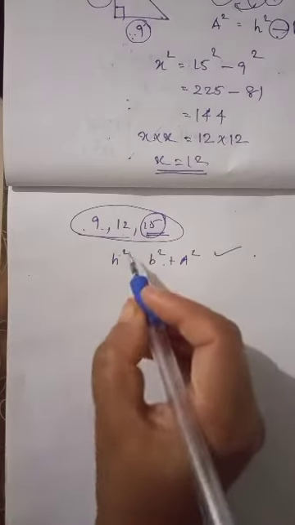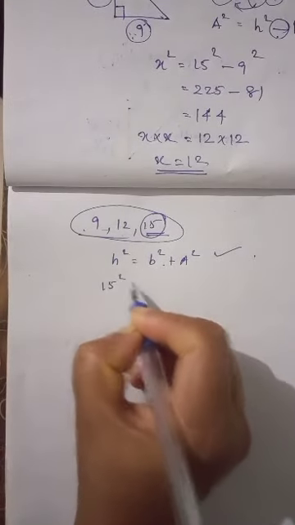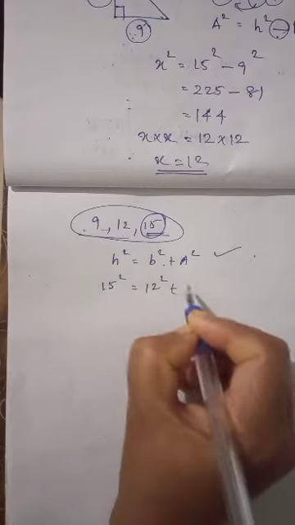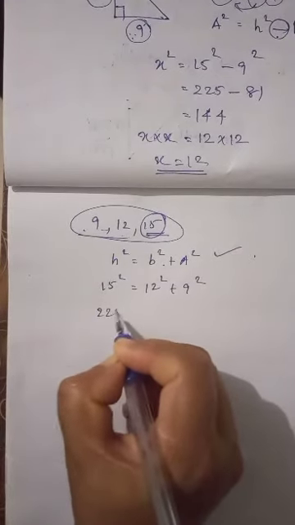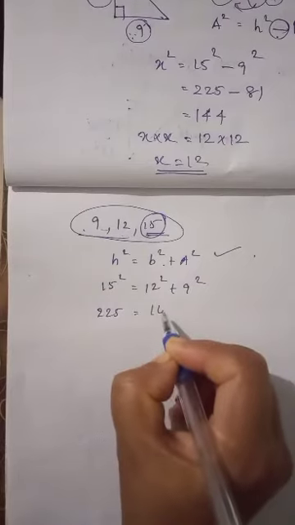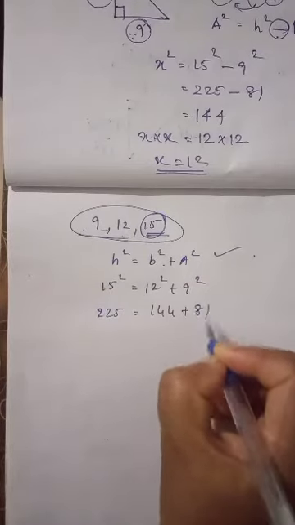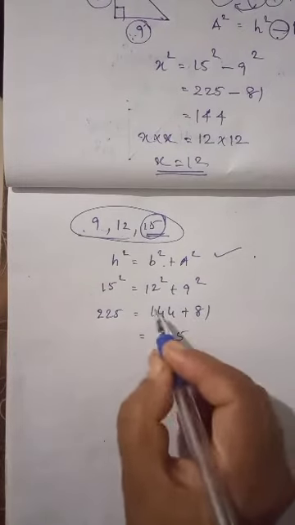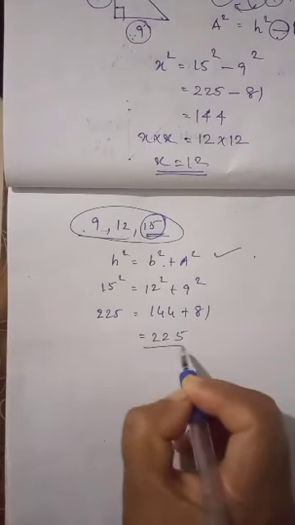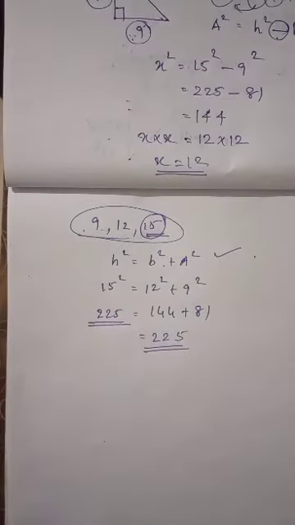Okay. So 15 square is equal to 12 square plus 9 square. 15 square is 225. 12 square is 144. 9 square is 81. Then 4 plus 1 is 5, 1 plus 4 plus 8 is 12... 225. Here also 225.